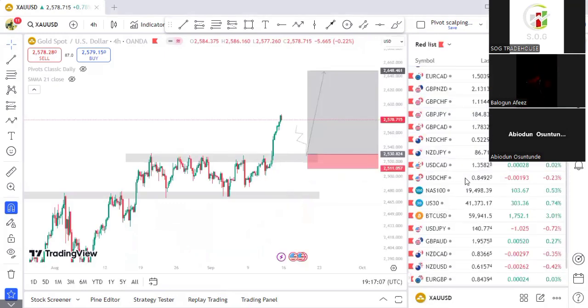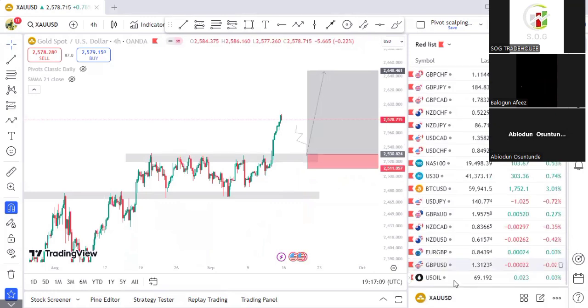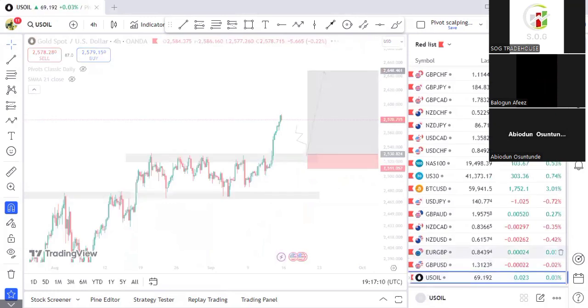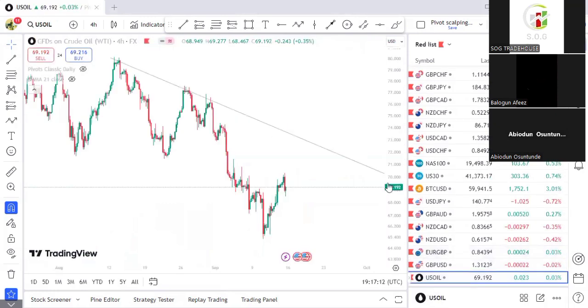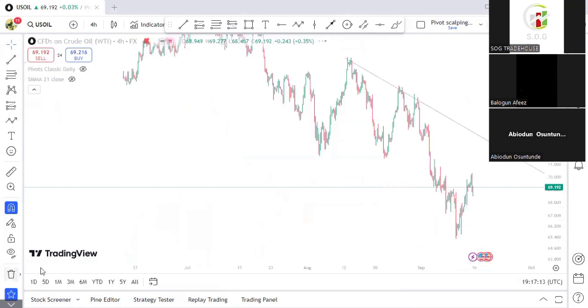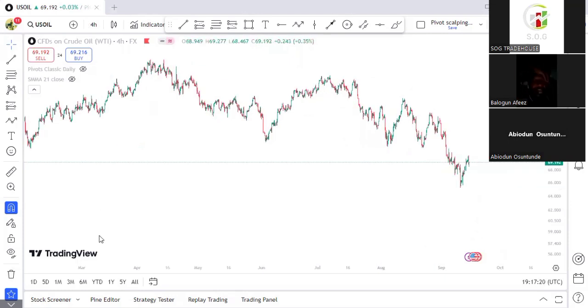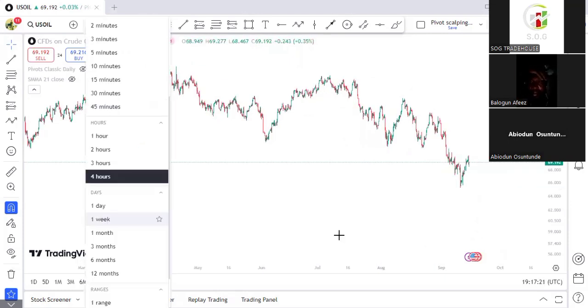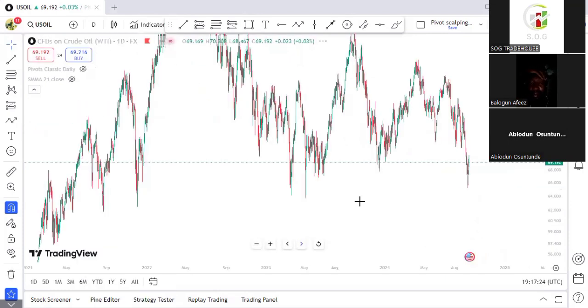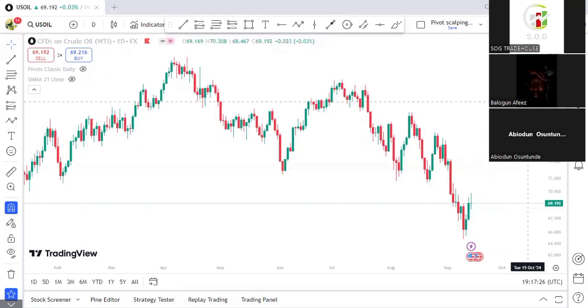So next on my watch list is US oil. So US oil is a very straightforward analysis. Though I've not traded US oil for some time now, I think it's having a clear chart.